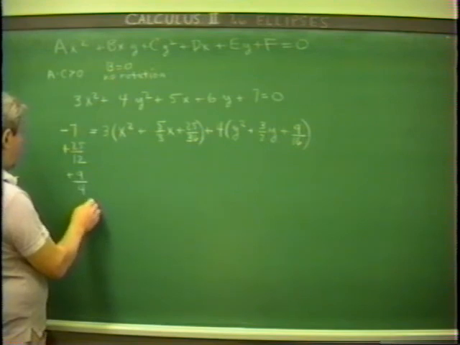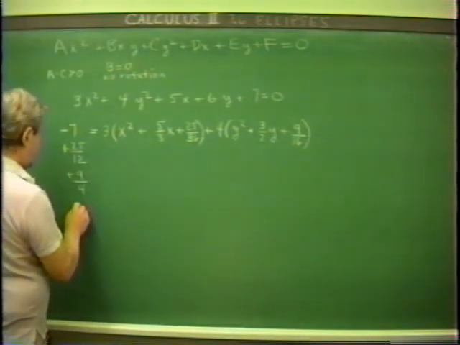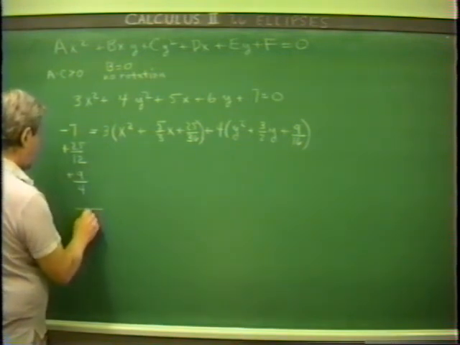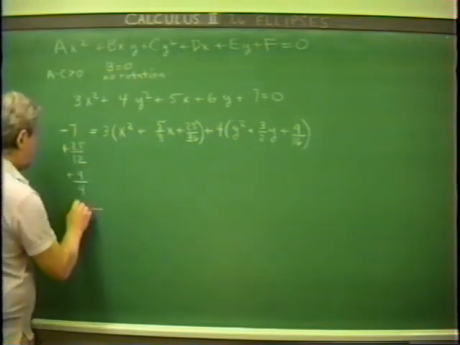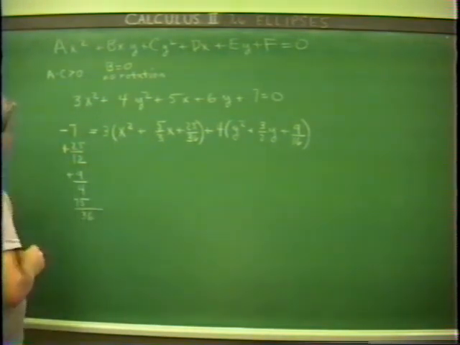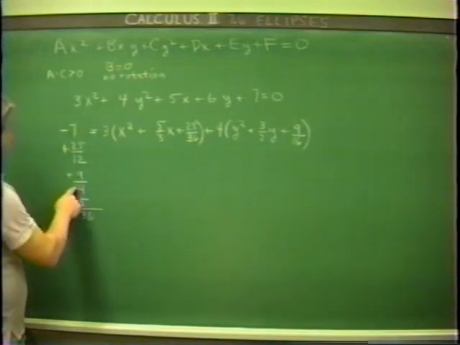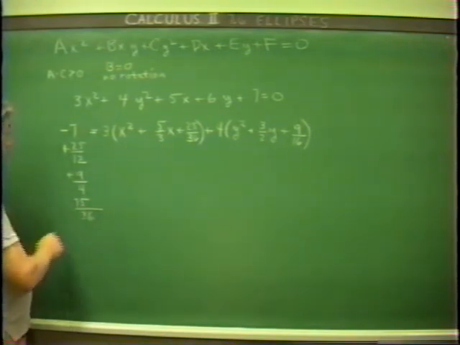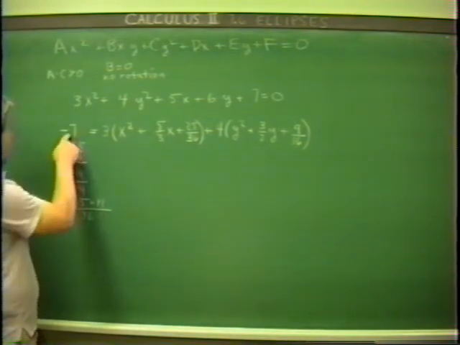So what do we end up with all together on this side? Well, we end up with so many 36ths. 25/12 is 75/36. 9/4 is, what, 81/36?